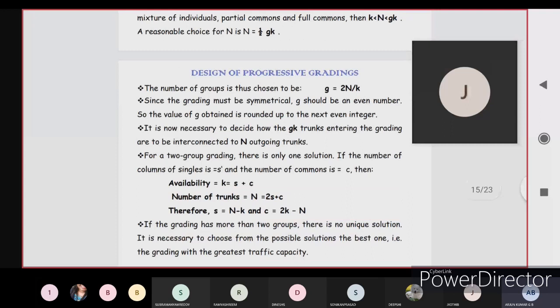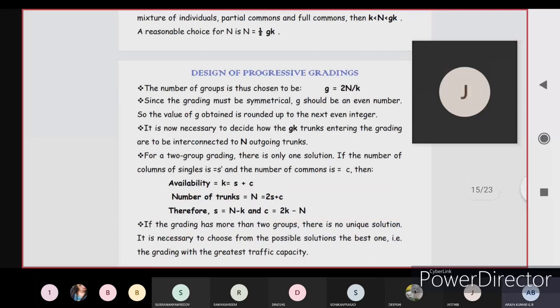Suppose you get 3.8, you can round it to the nearest even number. If you get 3.1, you can round it to the nearest even number, whichever is nearest.